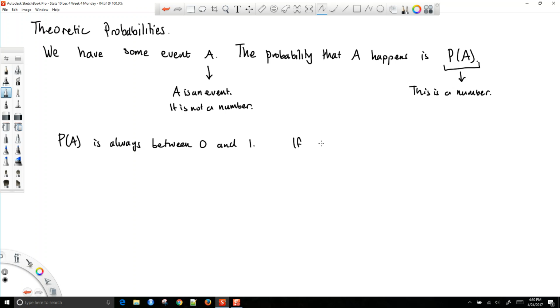Okay, if the probability of the event is equal to 0, then A is impossible, or A will never happen. If the probability of A is equal to 1, A is certain. It always happens.